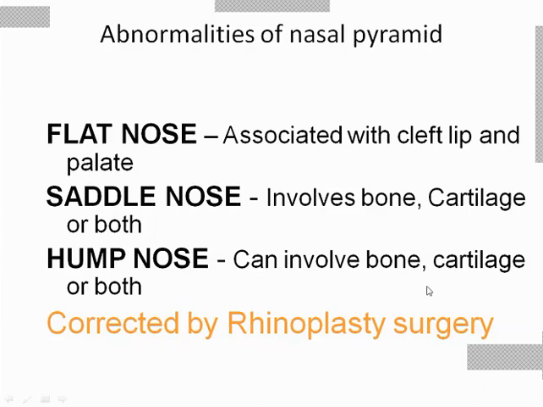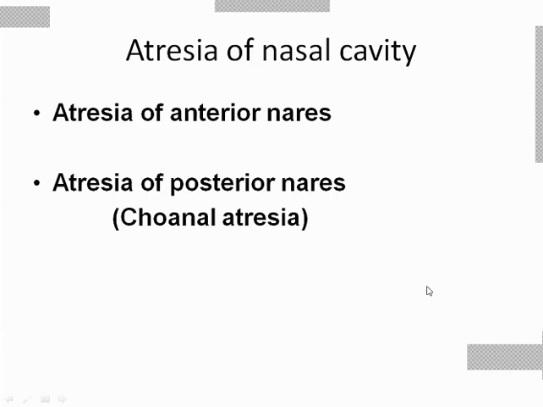And then next is the atresia of the nasal cavities. Atresia can happen either to the anterior nares or the posterior nares. Posterior nares is otherwise known as choanae. So if the posterior nares is atretic, we call it choanal atresia. If the anterior nares is narrowed, it is stenosis or anterior atresia.